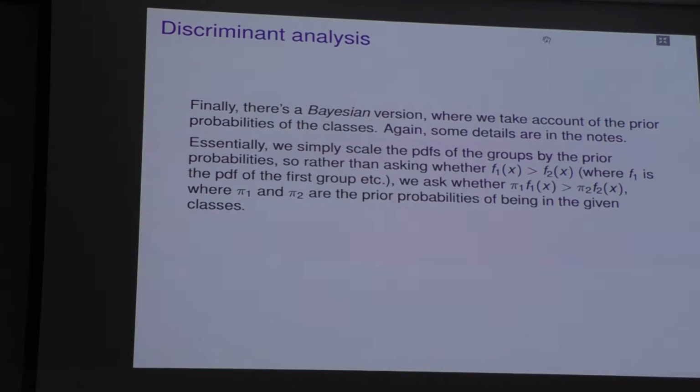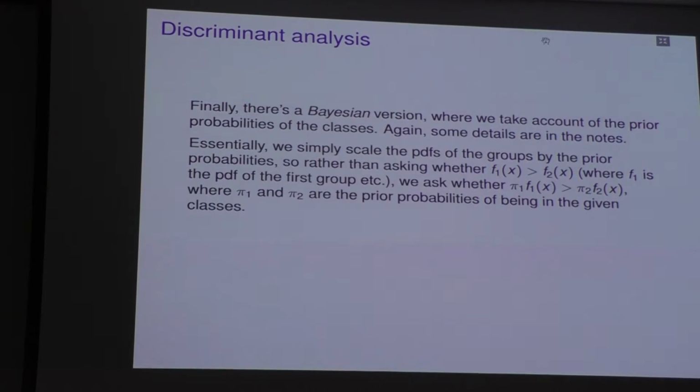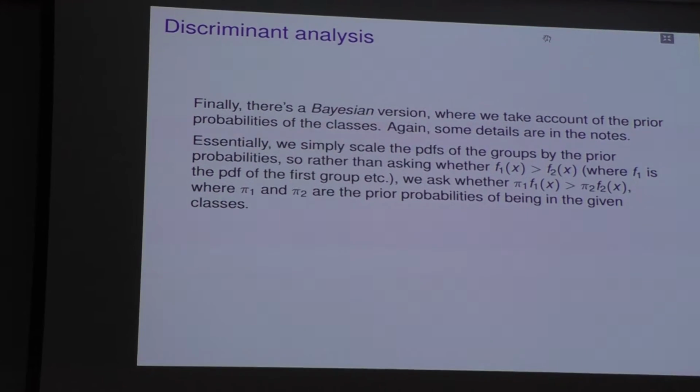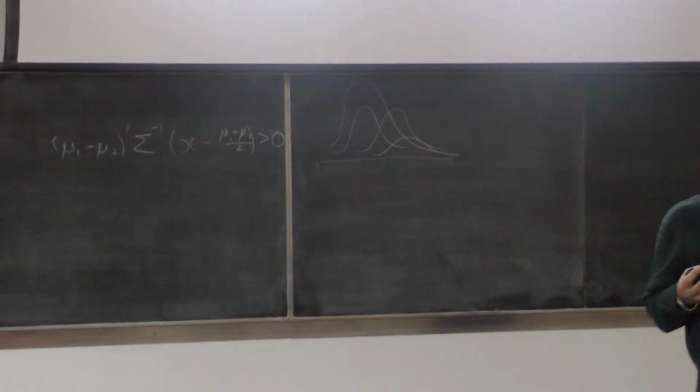So you can imagine that we might have 2 normal distributions like this. If one is much more likely than the other, occurring with say probability pi1 and the other with probability pi2, what we may do is weight our graphs and scale them so that it reflects much more closely the probabilities.